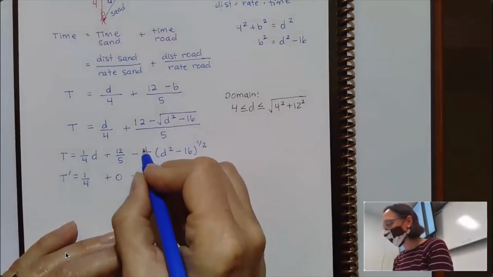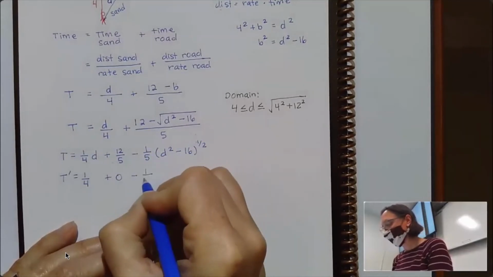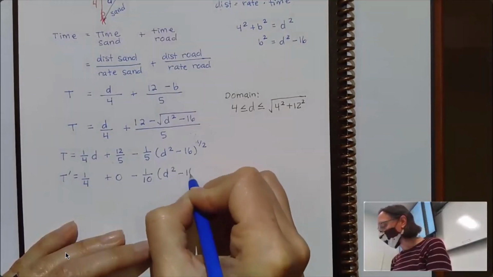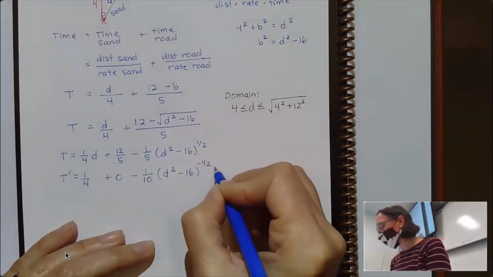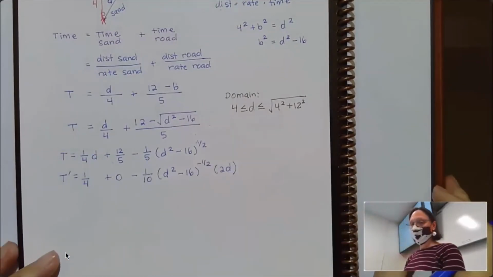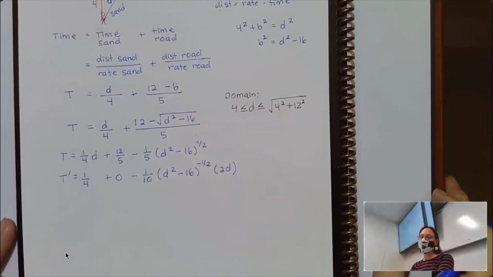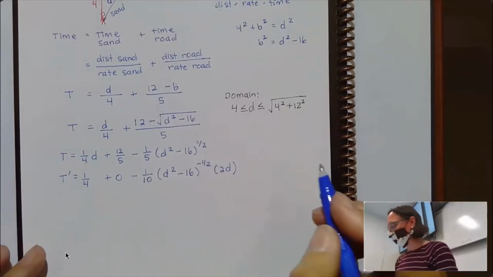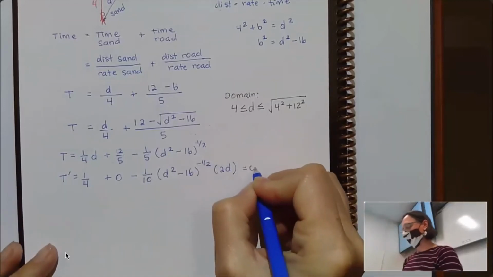So I'll have 1/5 times 1/2 and get 1/10 of d squared minus 16 to the negative 1/2 times 2d. And that whole thing has to be equal to 0.